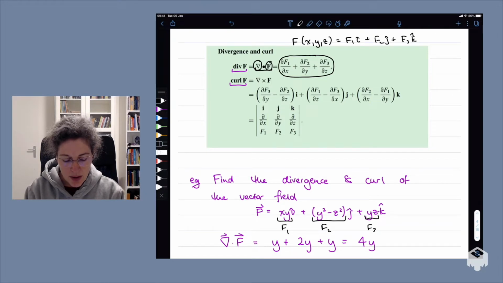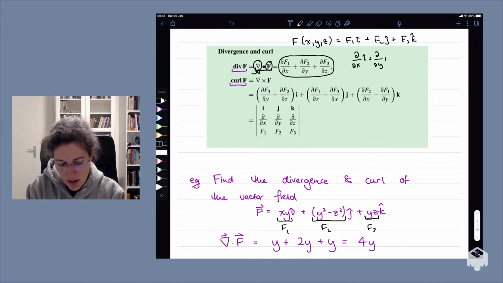So remember that our nabla acts like an operator. So for example, we've got d by dx in the i hat plus d by dy in the j hat plus d by dz in the k hat, and we're dotting that with f1 i plus f2 j plus f3 k. So what happens?